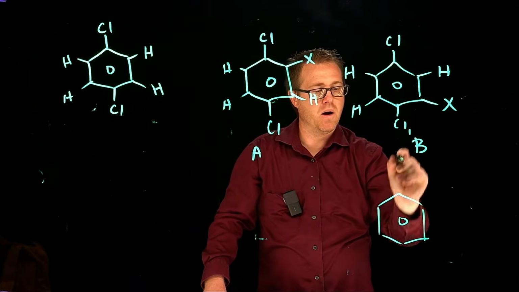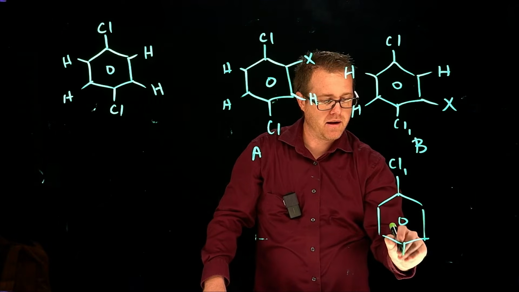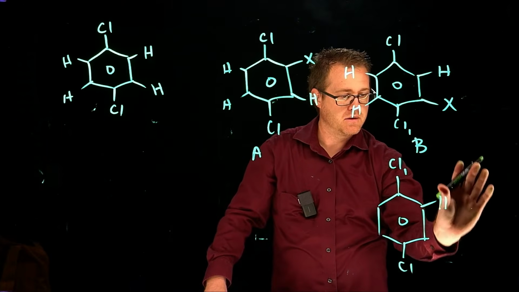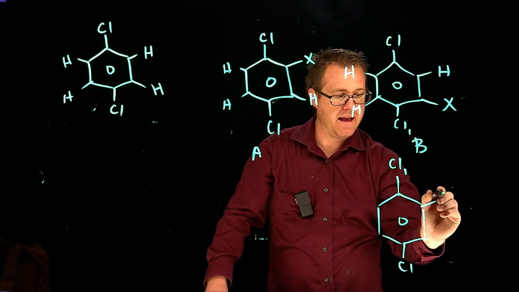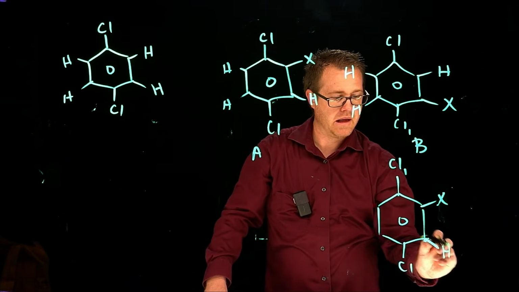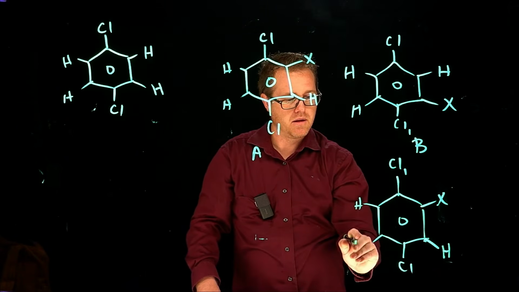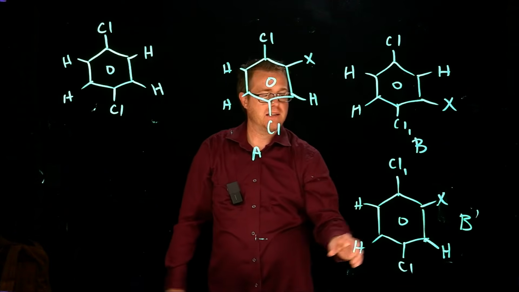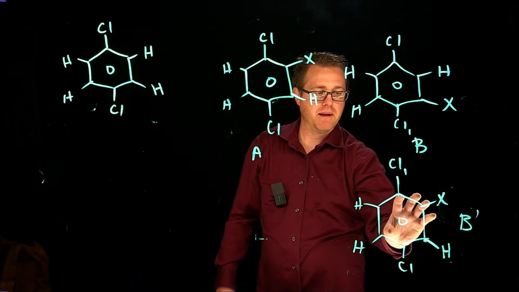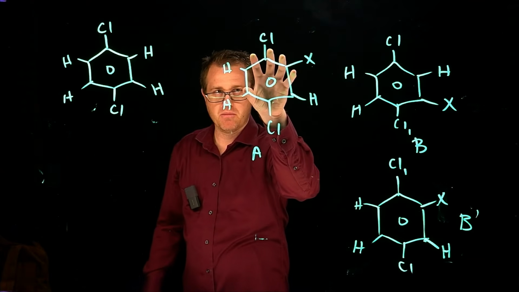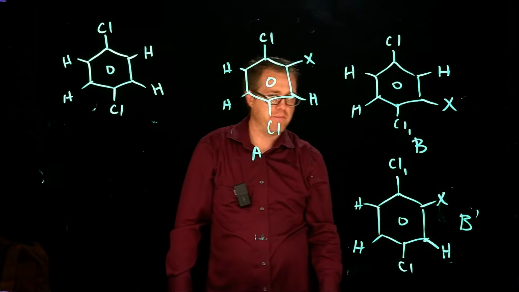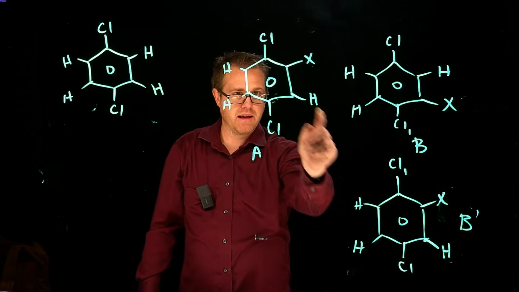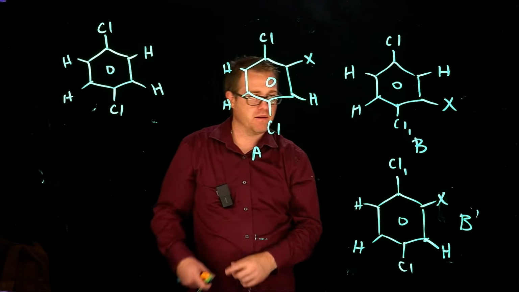So that's chlorine 1. Chlorine 1 is now there. That will now be the X, H. We'll call that B prime. Do you see how I can take B prime and pick it up and superimpose it right on top of A? So that makes those two molecules right there identical to one another.